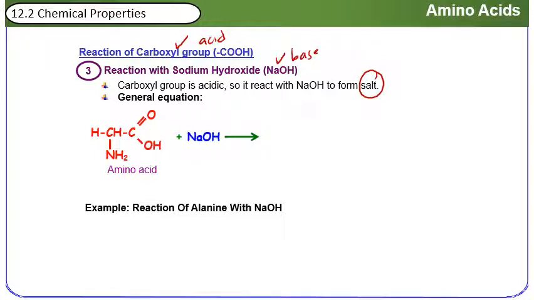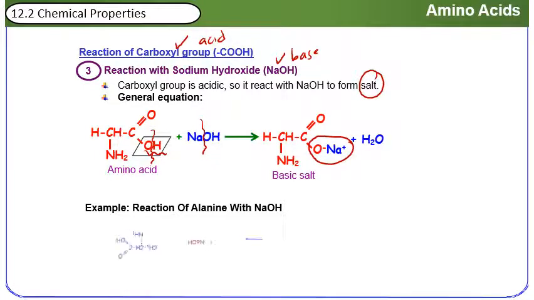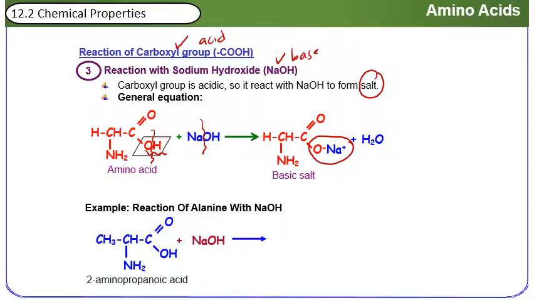But this time, for the acid, we know that the definition of an acid is that it will produce H plus, which means the bond will break between O and H. For the NaOH, it is of course Na plus and OH minus. So the Na plus will be attracted to the O to form O minus Na plus. Another example over here, also the same case.